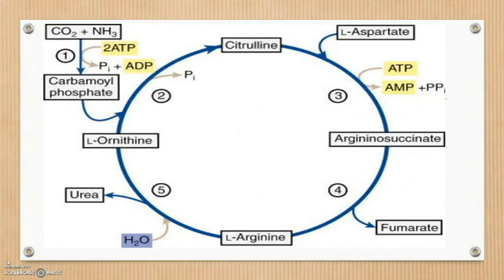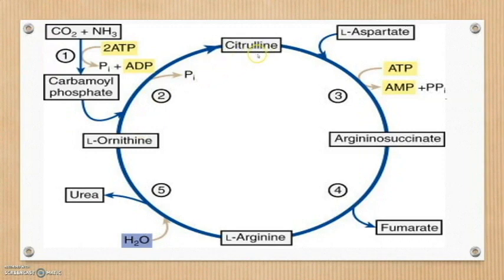So we can see this diagram that shows briefly about the urea cycle. For the urea cycle, we have five processes. The first process is to form carbamoyl phosphate, and then it combines with ornithine to produce citrulline.